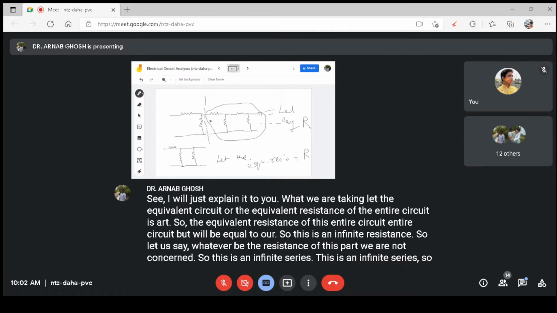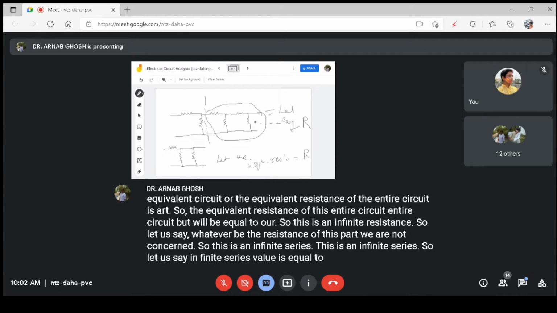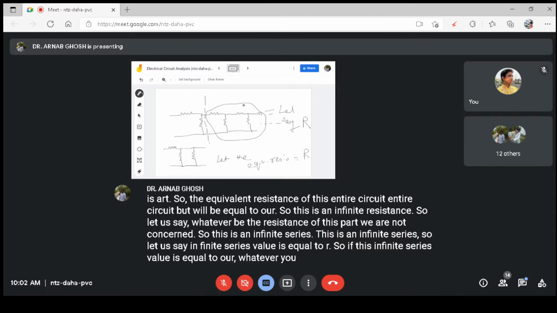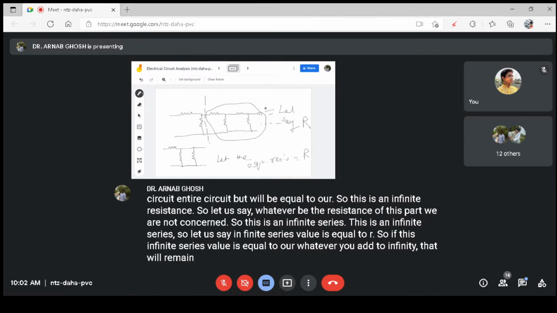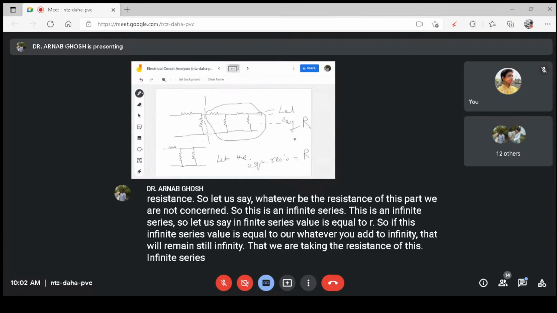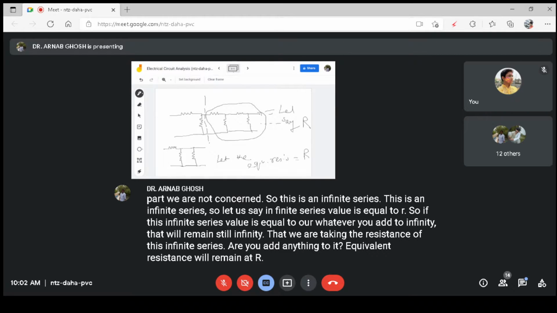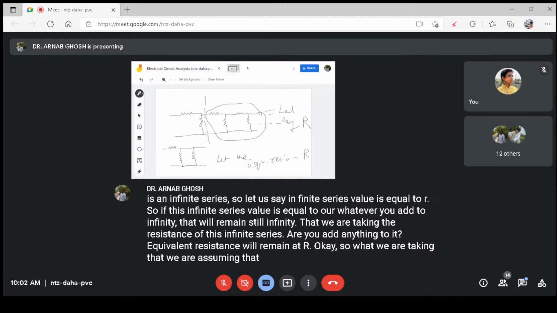Let us say the infinite series value is equal to R. Whatever you add to infinity will still remain infinity, so if you add anything to it, the equivalent resistance will remain R.